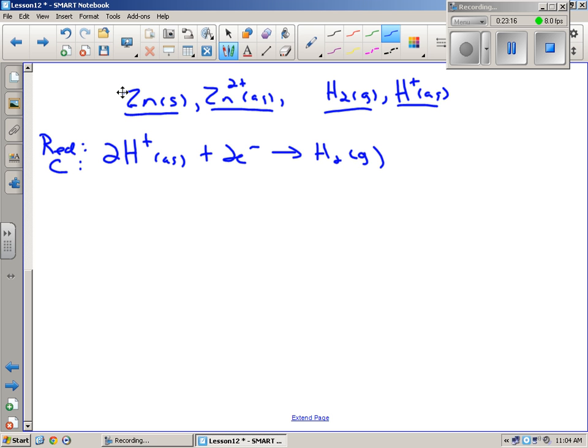So in a zinc hydrogen half cell, most likely to gain electrons is going to be that H plus, gaining electrons to give you that hydrogen gas. Okay? What's the most likely thing to lose electrons there? Well, zinc, obviously, right? Bottom right, working up.